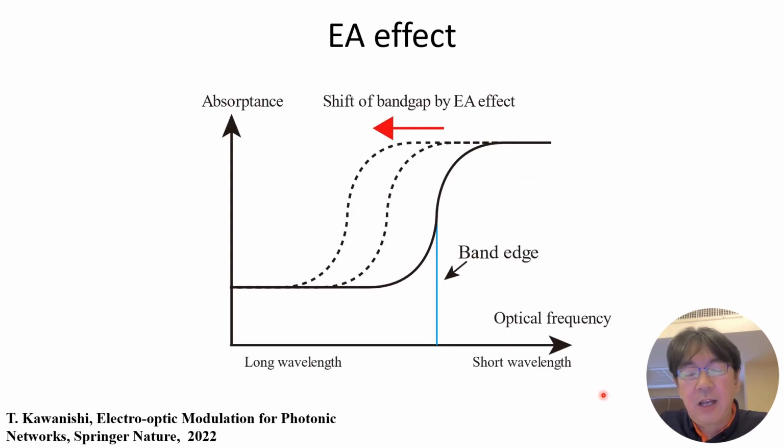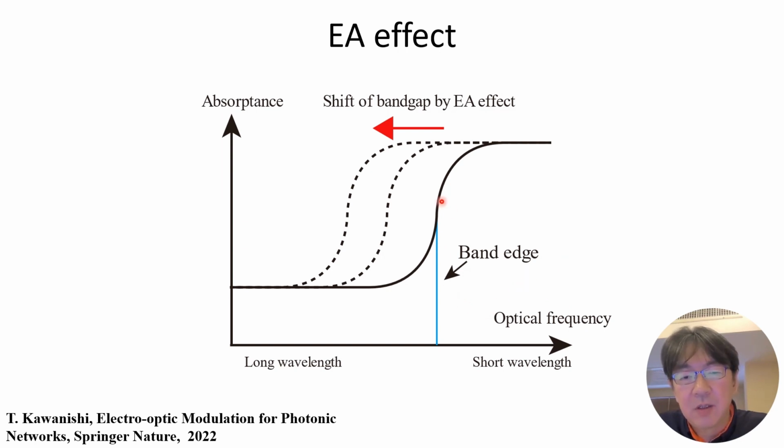Okay, here I'd like to explain the basic concept of EA effect a little bit. The horizontal axis shows the wavelengths of the optical signal, and the vertical axis shows the absorbance. And here is a band gap of the semiconductor material. As you know, if the photon energy is larger than the band gap energy, it will be absorbed.